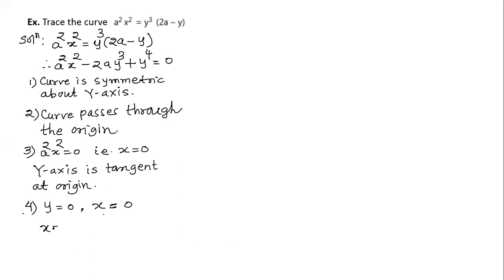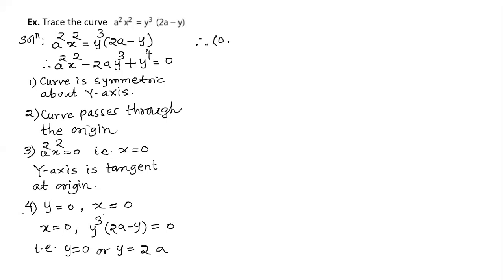Now let us try to put x equal to 0. After putting x equal to 0, see the original expression: a square x square equal to 0. That means we'll be getting y cube into 2a minus y is equal to 0. That means y equal to 0 or y equal to 2a. So we have got one more point here.